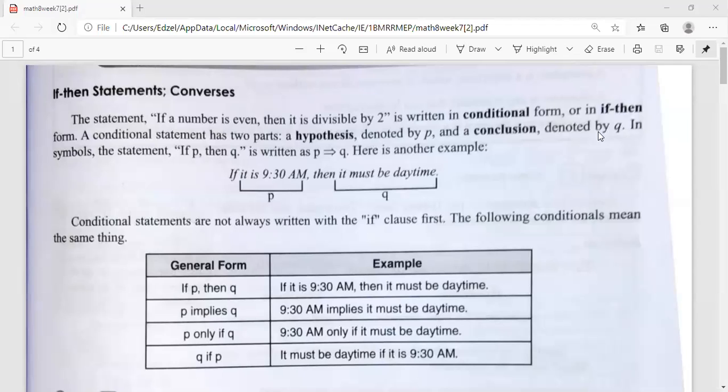So, that's the conclusion. In the symbols, the statement if is denoted by P, and then is denoted by Q.